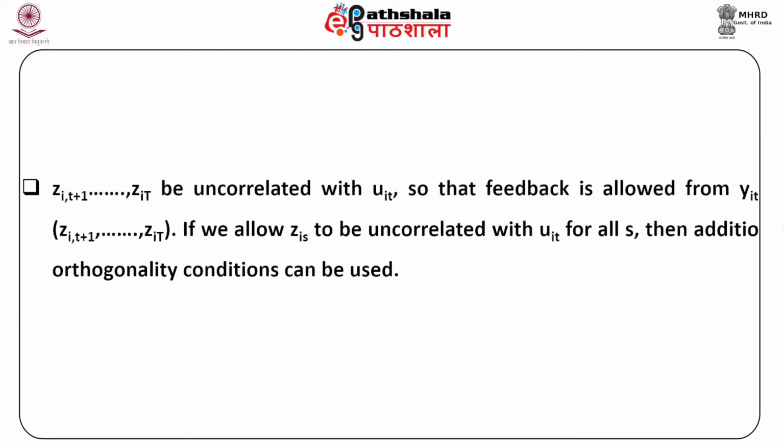Run change in y_it on change in y_i,t-l, l equal to 1 going till p_i, and d_mt to get residuals e_it hat. Run y_i,t-1 on change in y_i,t-l from 1 to p_i, and d_mt to get residuals v_i,t-1 hat.